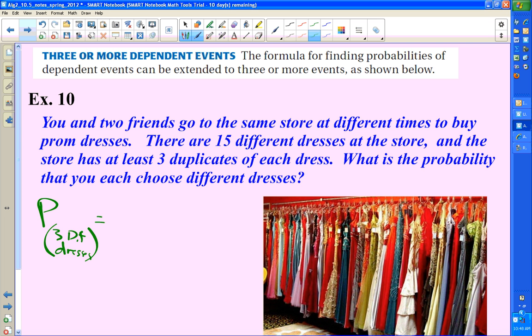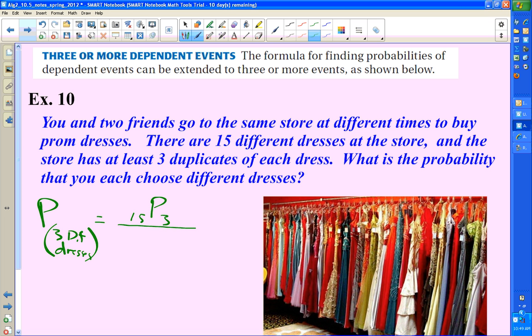How many ways? You could do the fundamental counting principle, or you could do permutations, 15 taken 3 at a time. That would be how many ways you could have the dresses assigned to 3 different people, so no duplicates.